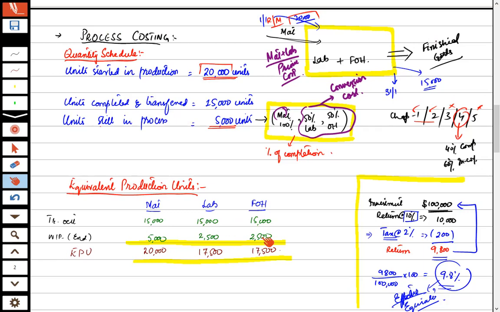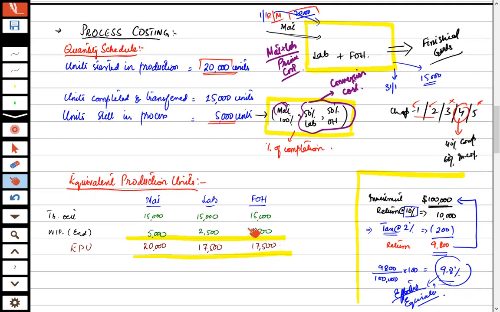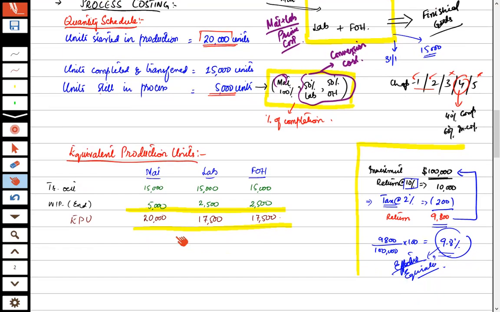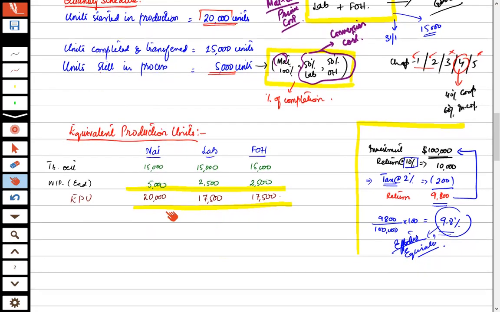Therefore, they are not completed and therefore their total is not taken. So basically, these 20,000 units are bifurcated in terms of material, labor, and FOH according to the percentage of completion of the units. And this is what is known as EPU, equivalent production unit. Clear?